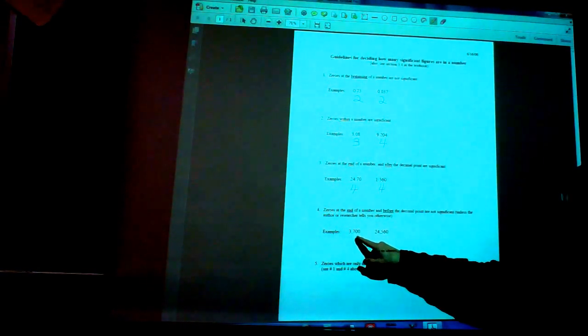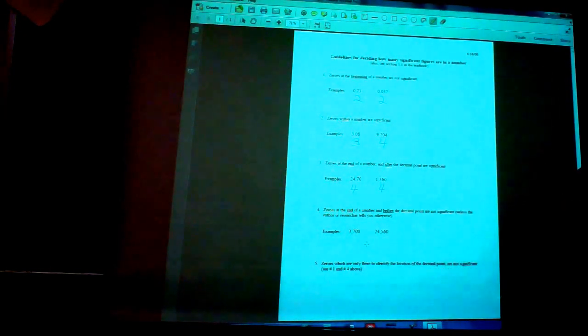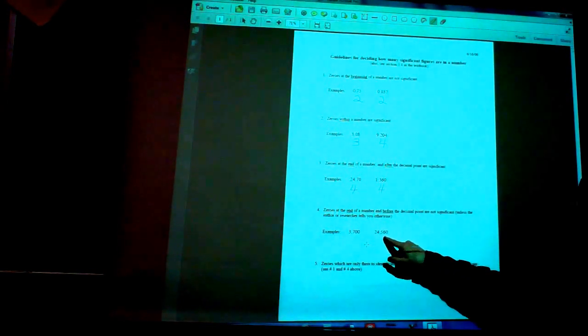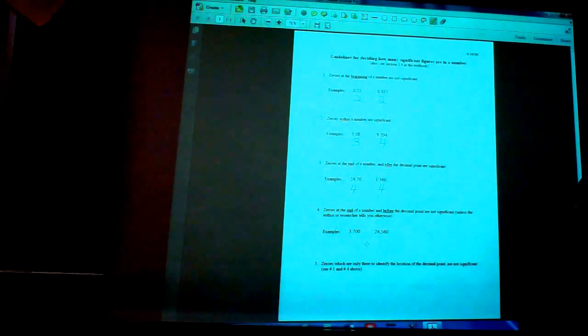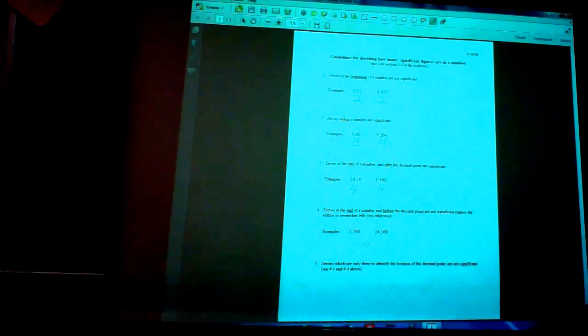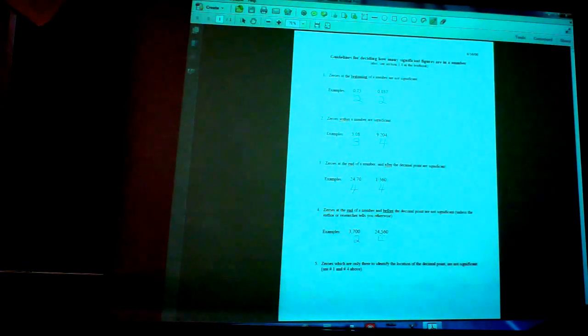Unless you're told otherwise, the 7 was the estimated digit and the 2 zeros are not. And then 24,560, the assumption is the 6 is the estimated digit and the 0 is not. So 3,700 would have 2 significant figures, and 24,560 would have 4. All right.